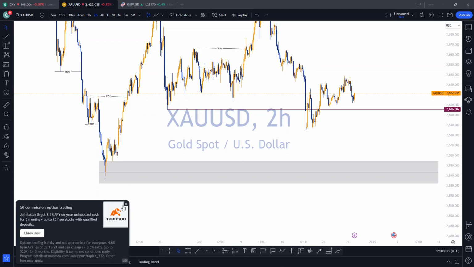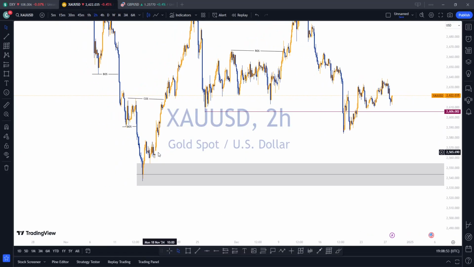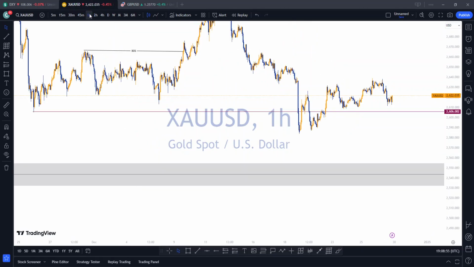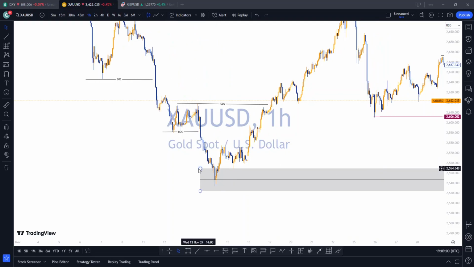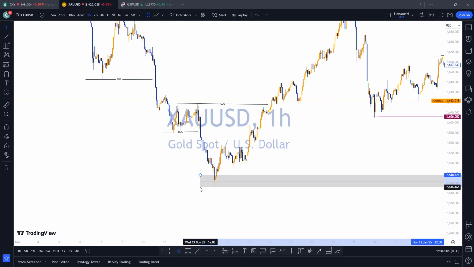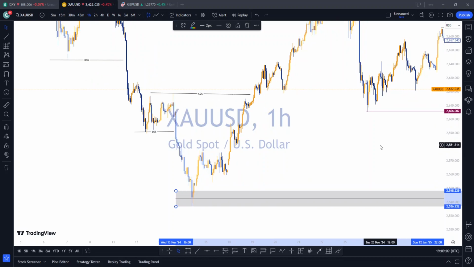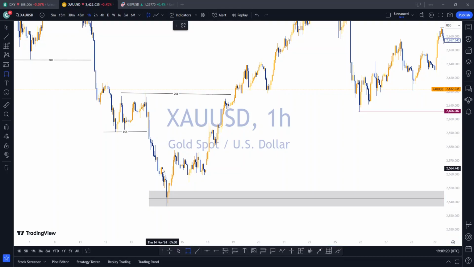Let's go to a smaller time frame and see. Push it down here. This will be it right here. Do we have this? We have this imbalance right here.